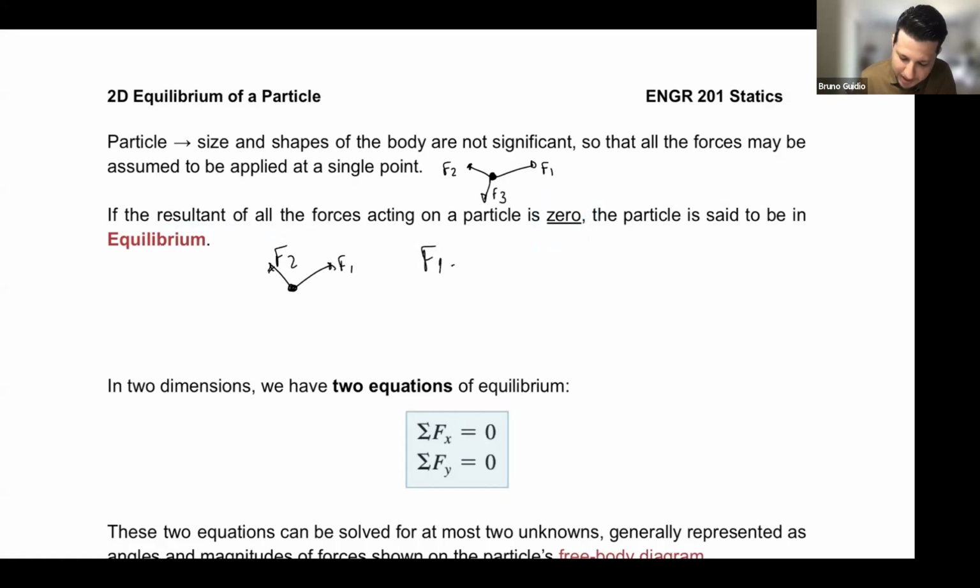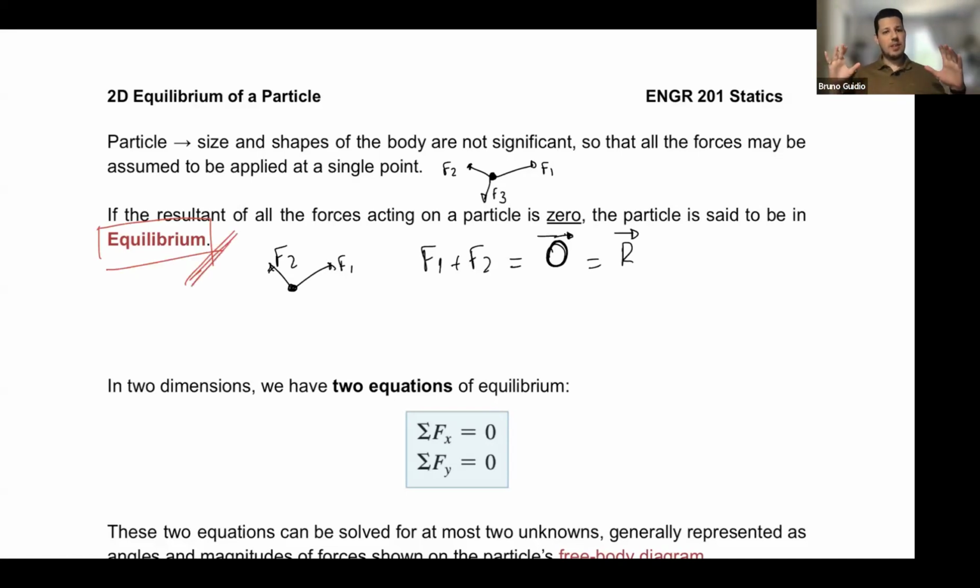Once we sum F1 plus F2, it should be a 0 vector, or just 0. The resultant should be 0. And when we sum this and we get 0, then this is the equilibrium. The particle is in equilibrium, the body is in equilibrium. There is no force pushing to the right or to the left. The resultant is going to be 0.